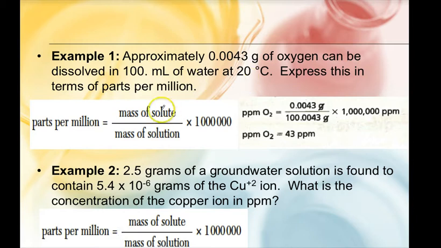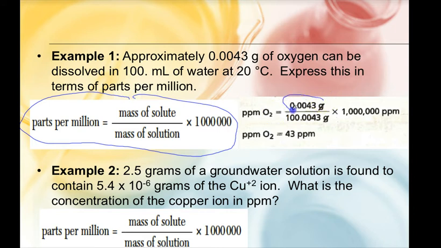Well, let's take a look at this. If you look over here, here's the formula right here. Okay, so that's the amount of solute, that is grams of oxygen. And you'll notice it's 100 milliliters of water, but it's not 100, we've added the 0.0043 to it.